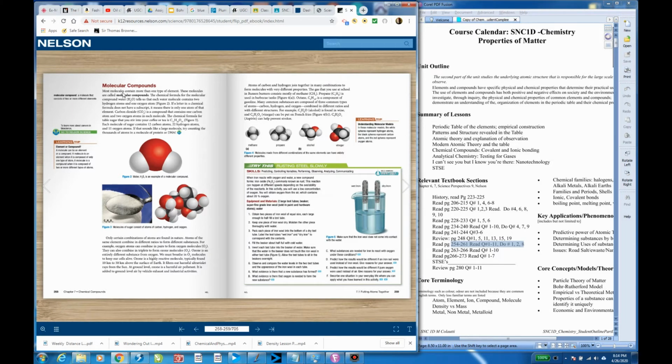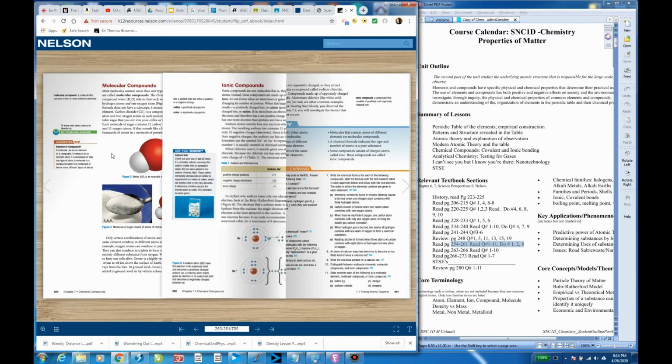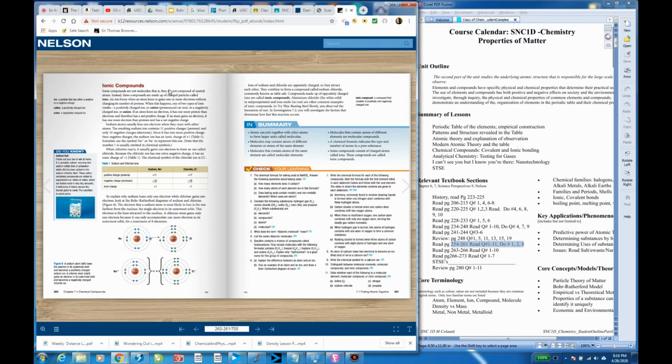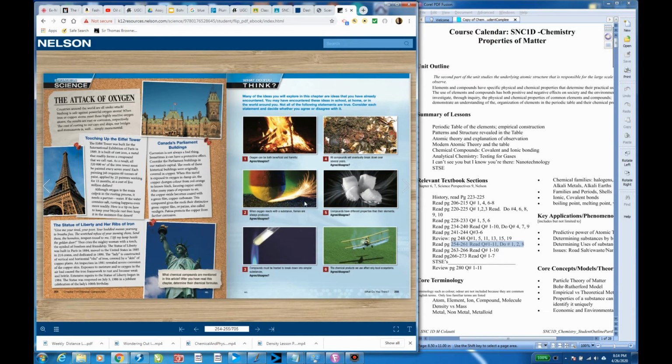We talk about molecular compounds. I prefer the term covalent bonds, but you're going to look at molecular compounds and ionic compounds, and those are the two keys to forming compounds and looking at the kinds of compounds that are out there. Chapter 7 starts around page 254. You get an overview of we're moving from individual atoms and how atoms are built, which is what Chapter 6 focuses on.